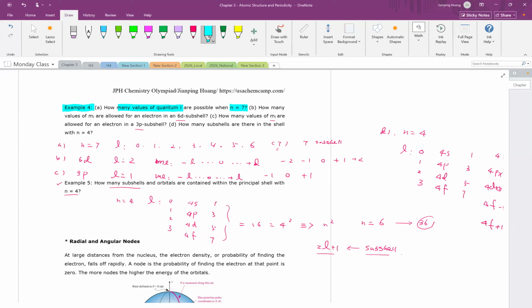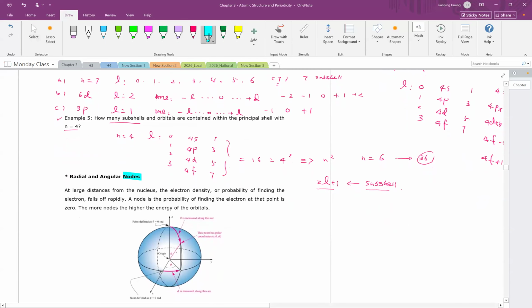Okay, now, when we discuss orbitals, we discuss the node, right? Can anyone tell me what a node is? The node is where the probability of finding the electron in that area equals 0. Such as, look at the wave.